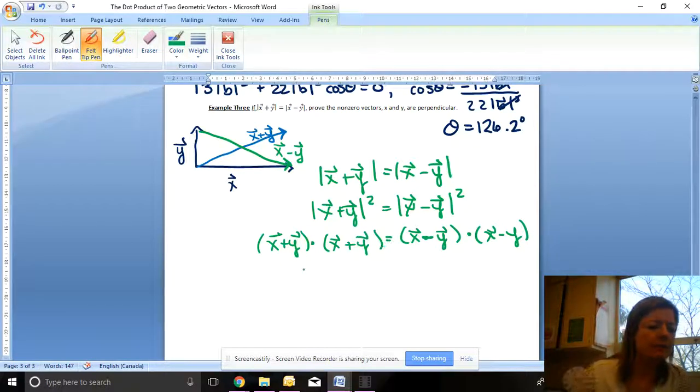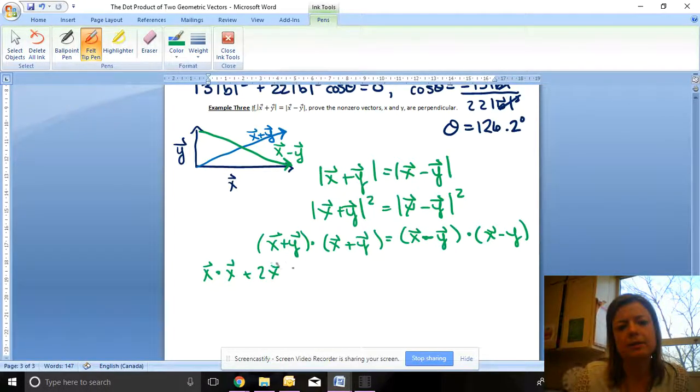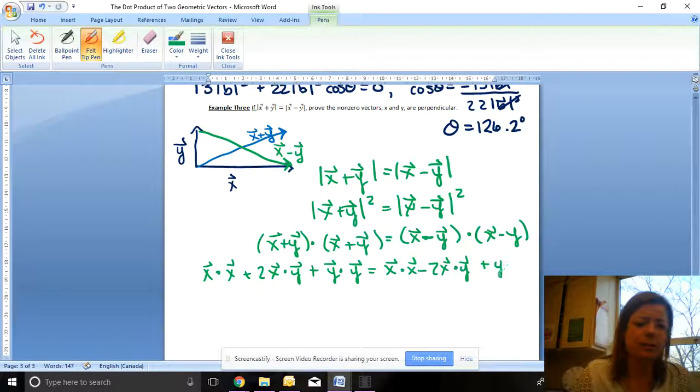Then this can be rewritten as x dot x plus 2x dot y plus y dot y. And this can be written as x dot x minus 2x dot y plus y dot y.